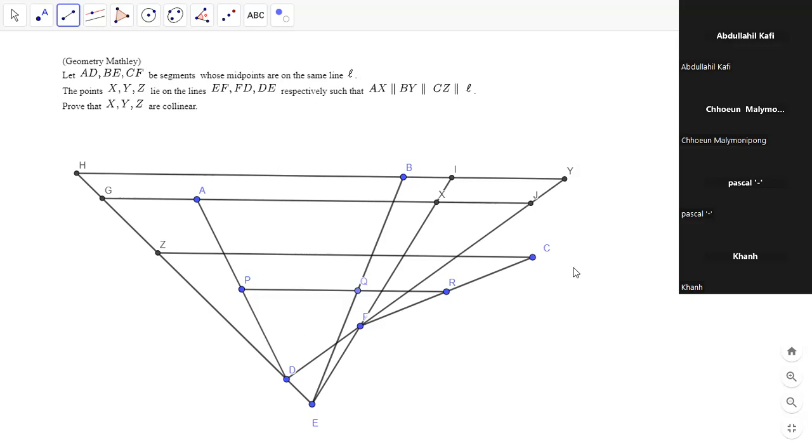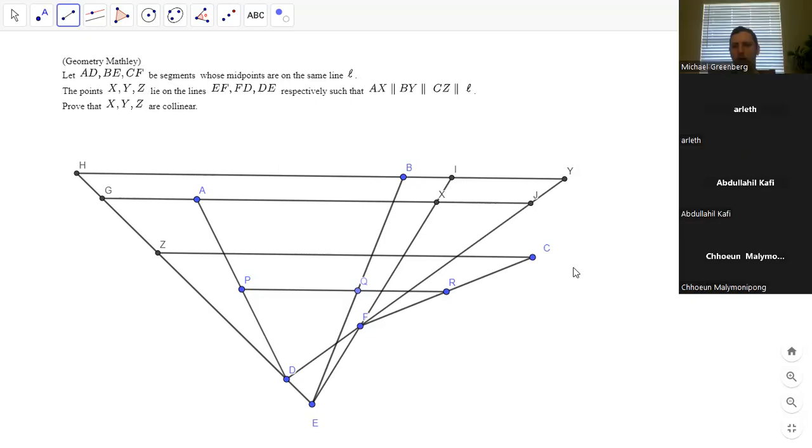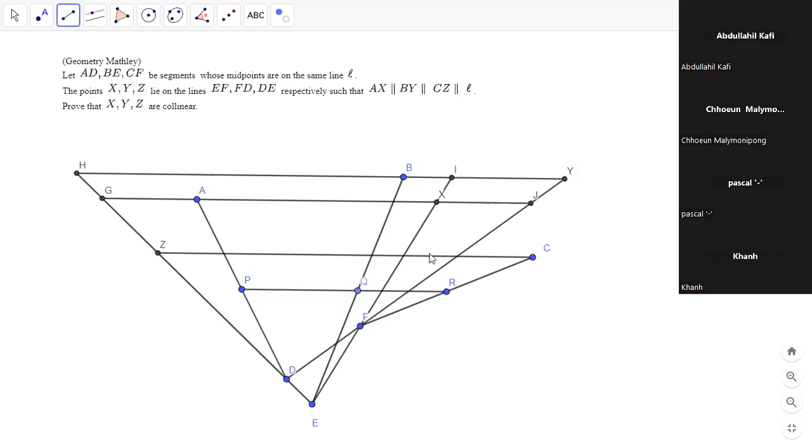So what's the relationship between DE and EZ, EF and EX, and DF and DY that makes X, Y, and Z collinear? Is there some nice formula or something?